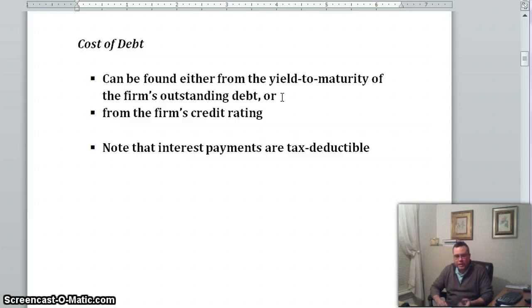The next best way to find cost of debt, if you don't have really liquid debt securities, is to estimate it based on the firm's credit rating. We have fairly good data from rating agencies and investment banks on what the current cost of debt is for different rated corporations. So AAA, AA, single A, triple B, double B. Every day there are various organizations that put out estimates of the cost of capital for those different debt instruments that would be rated that.